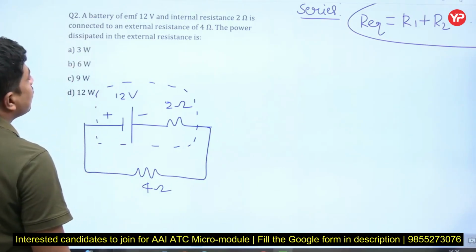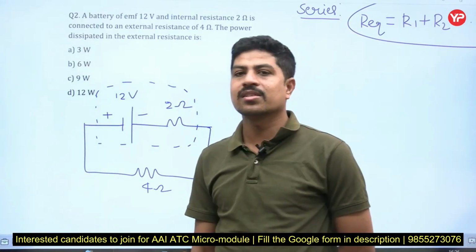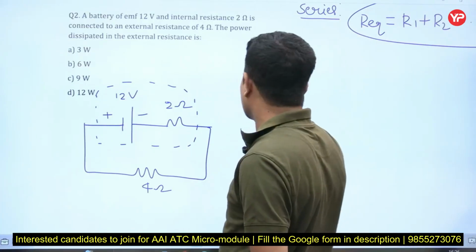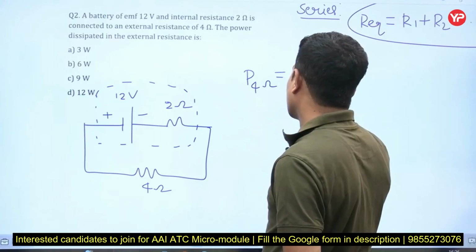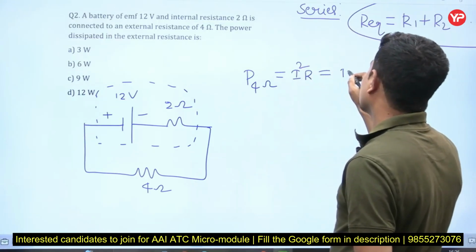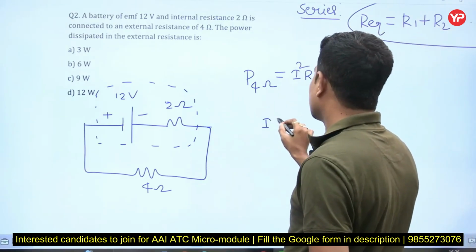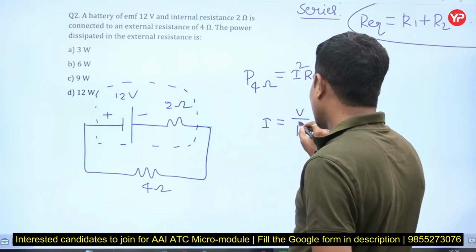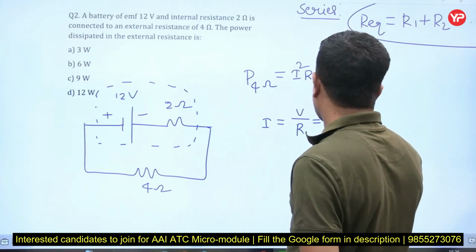The power dissipated in the external resistance is, our external resistance is how much? 4 ohms is the external resistance. So power in 4 ohms is, power formula is what? I squared into R. That R is 4 ohms. What about I, sir? I is equal to V by R. Voltage is 12, resistance is 2 plus 4, 6.